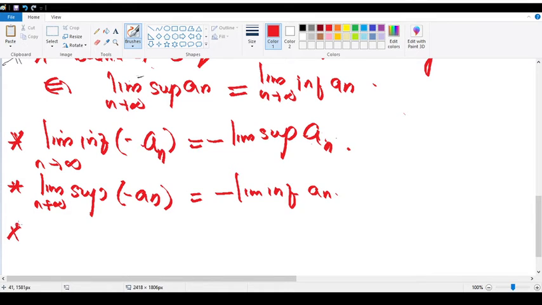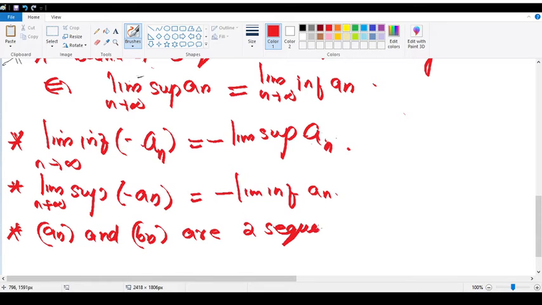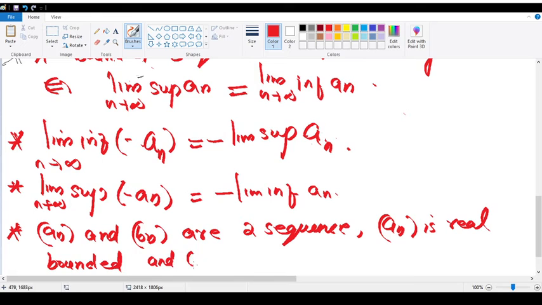Okay, next, an and bn are two sequences. an is a real bounded sequence and bn is convergent.